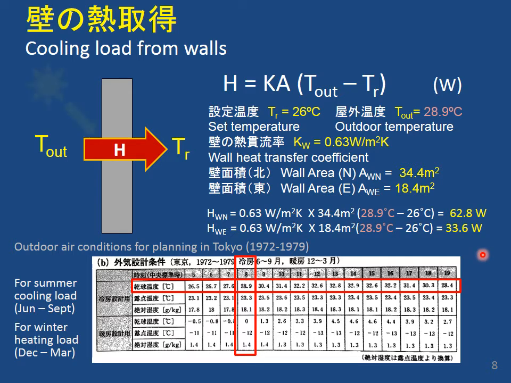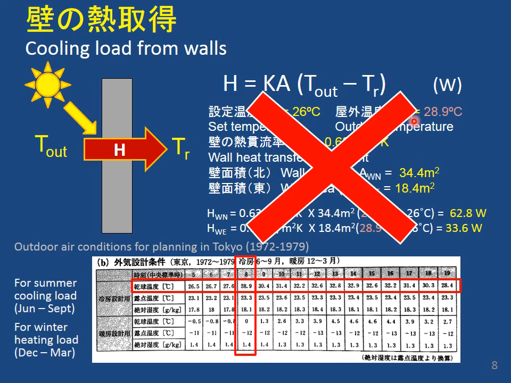But there's also the sun. Now the sun will heat the wall, and that will make more heat coming into the room. So we can't do this simple calculation. We have to account for the sun.